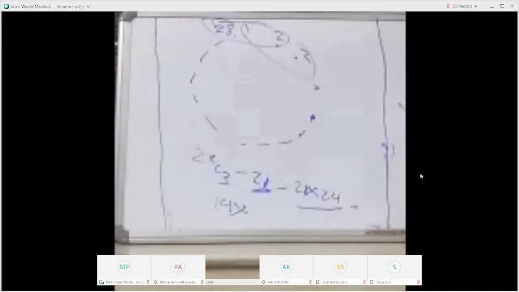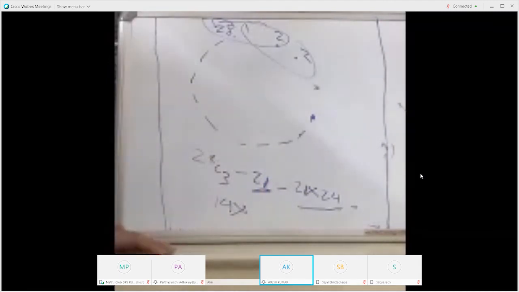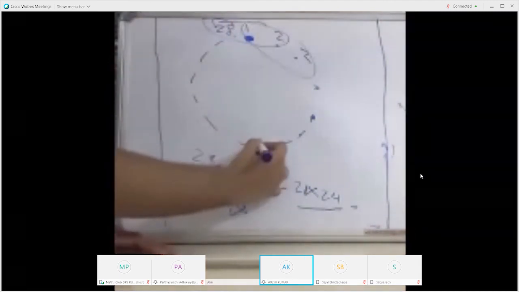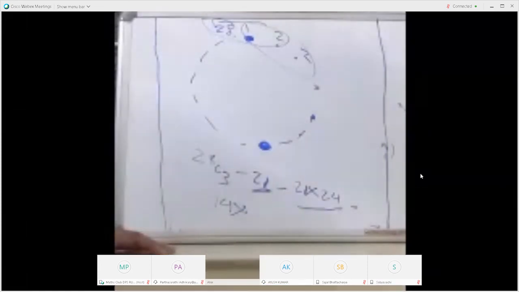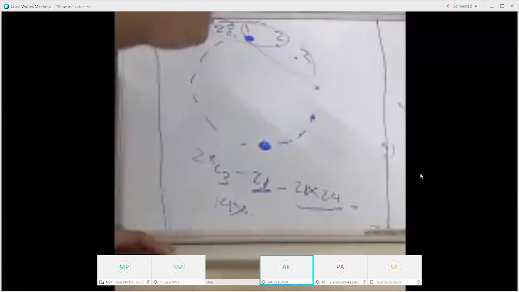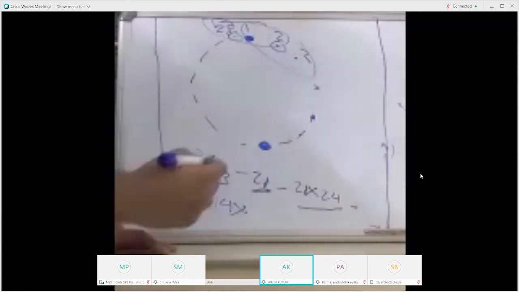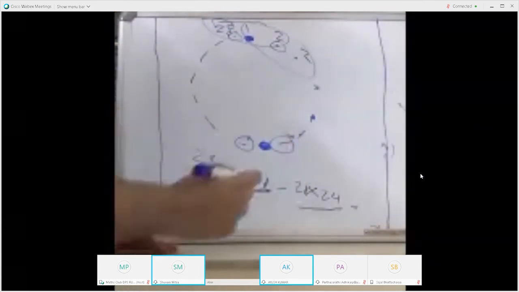And again, how many ways could we choose the third one? Suppose this and this are diametrically opposite points. The third point can be adjacent to this, so it can be over here or here, and it can be over here or here.